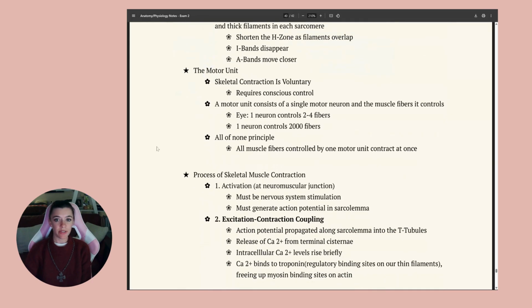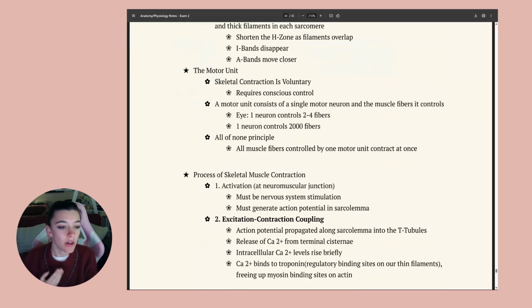The motor unit. Skeletal contraction is voluntary. It requires conscious control. The motor unit consists of a single motor neuron and the muscle fibers it controls. In the eye, for example, one neuron controls 2 to 4 fibers. And then one neuron controls 2,000. Wait a second, I need to double check this.